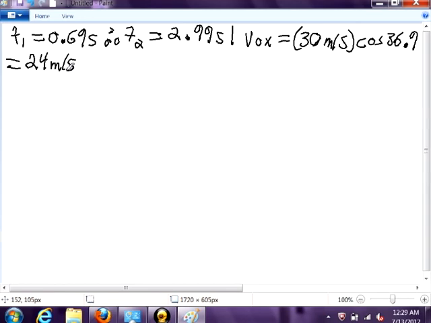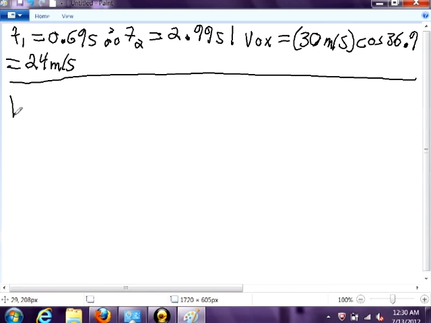Okay, so 24 meters per second is the x component of the velocity at both times, because that is the velocity at all times. The velocity never changes in the x direction. Okay, so you got that. Oh, and this is part B in general.